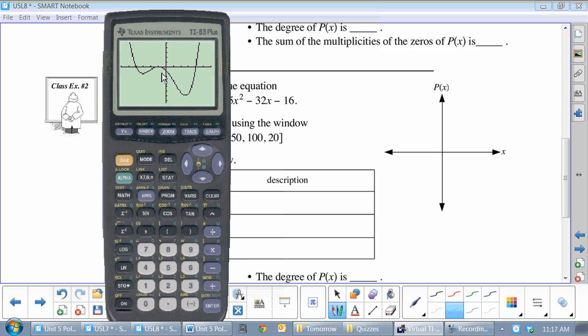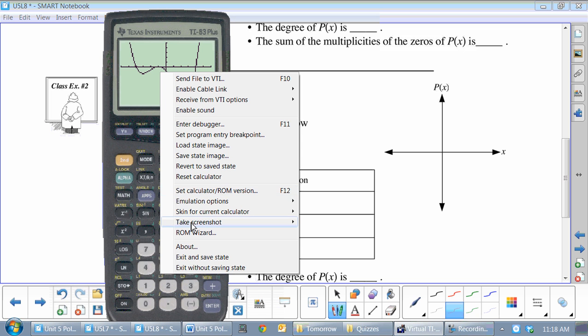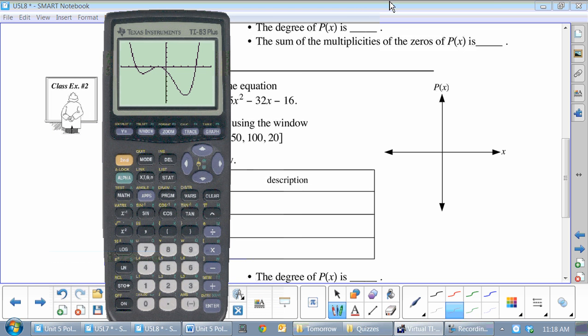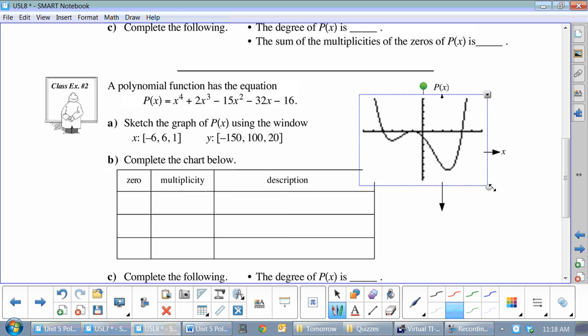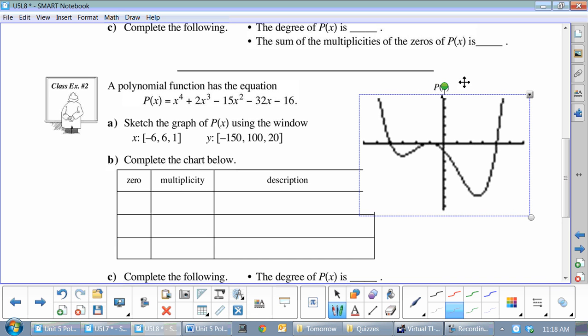Okay. So try and draw this over here, because the graph is kind of important. Now, how many roots would there be?